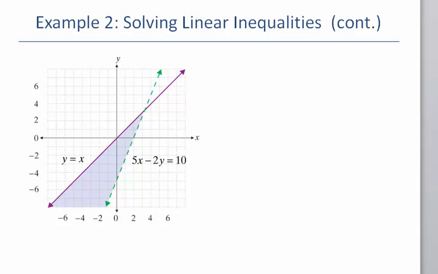Our first equation, 5x minus 2y is less than 10. Remember that we had the point 0, negative 5. So I'm going to plot that. There's 0, negative 5. And we had the point 2, 0. And we had said that that would be a dotted line, and you can see that that is what they did here as well.